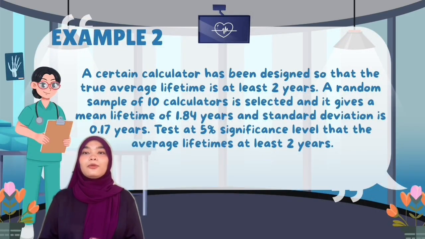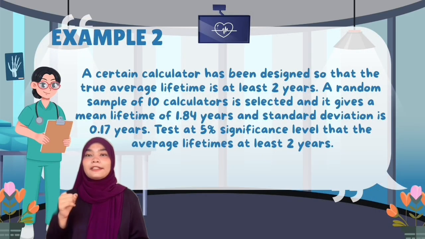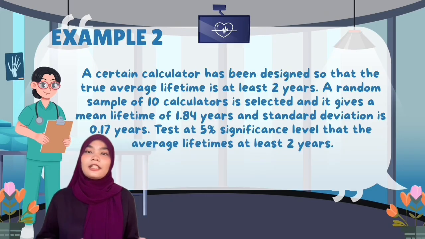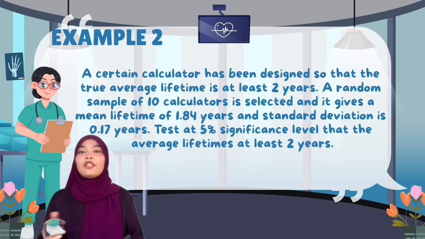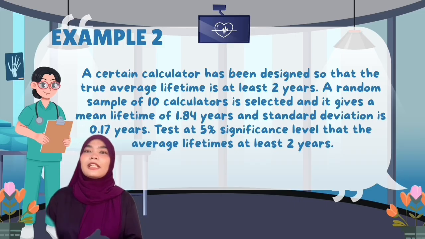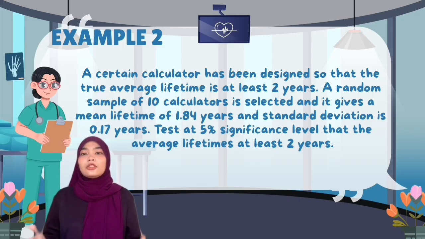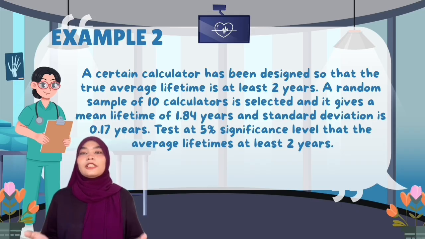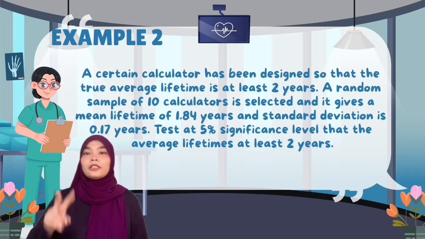For this example, we do the same thing. Identify the test first. The sample size is 10, which is less than 30. Also, population standard deviation is not given, only sample standard deviation is given. So, in this case, we use t-test. The question says at least 2 years, so it shows direction to us.